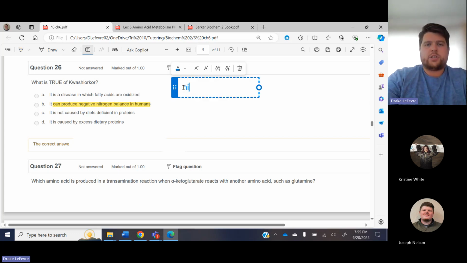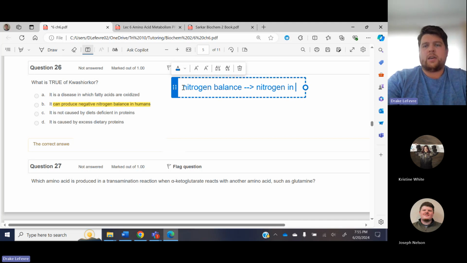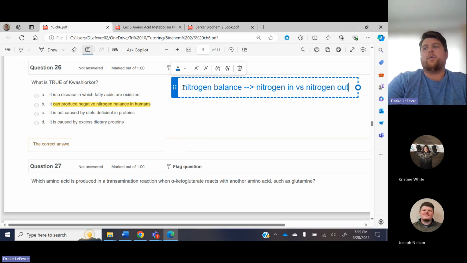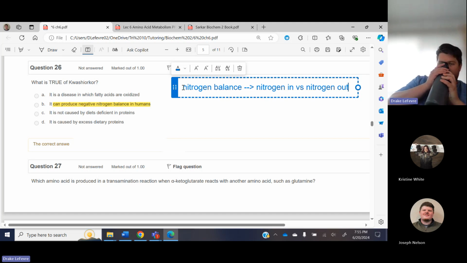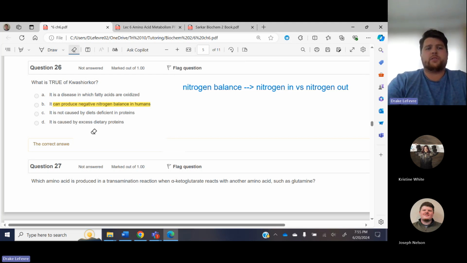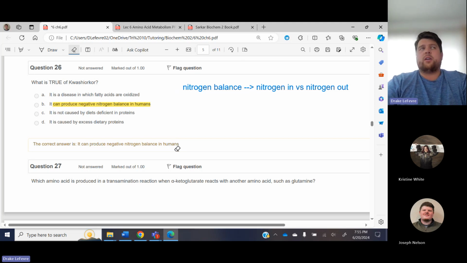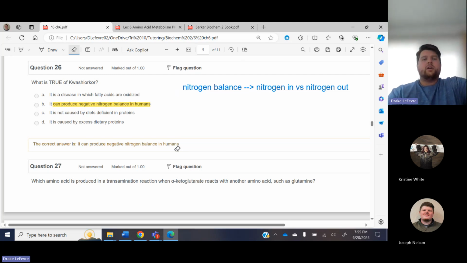As far as nitrogen balance, this is referring to nitrogen in versus nitrogen out. Within our bodies, we need a balance of nitrogen coming in versus nitrogen going out, just like we need a balance of everything else. We need a balance of oxygen coming in versus carbon dioxide going out, water coming in versus water going out, et cetera.